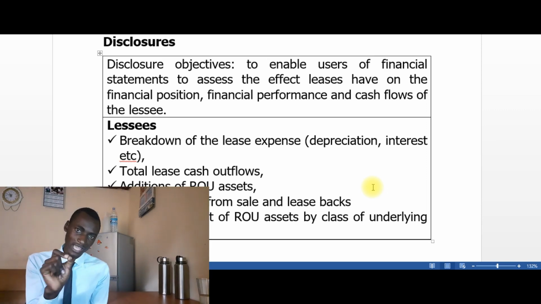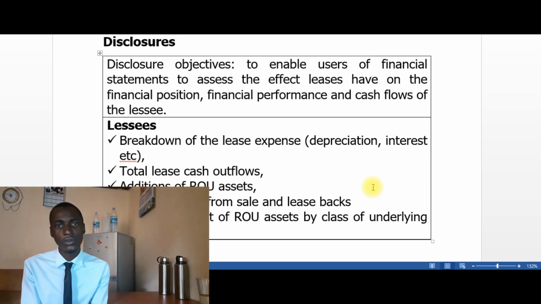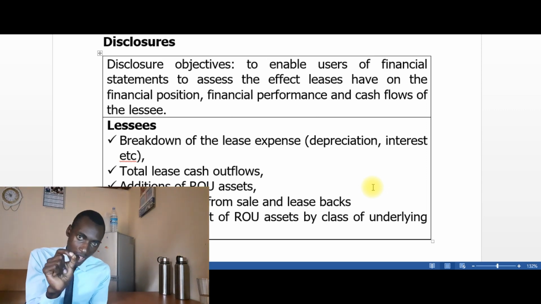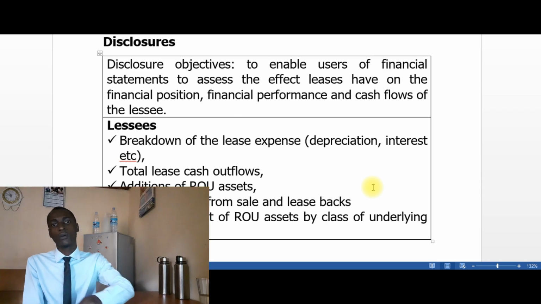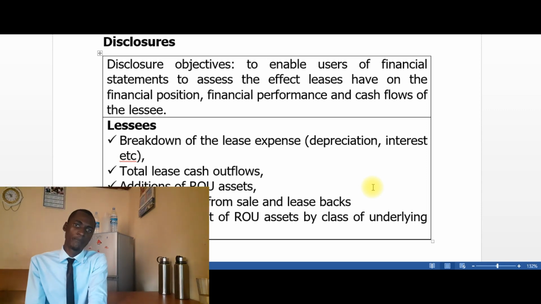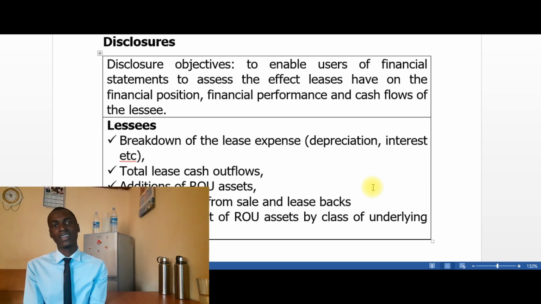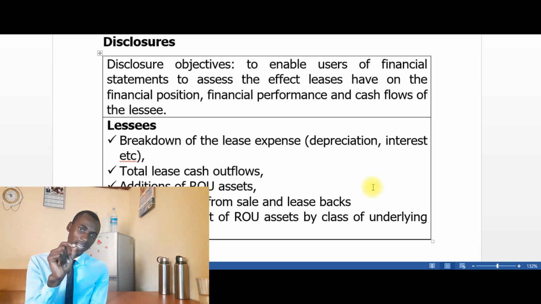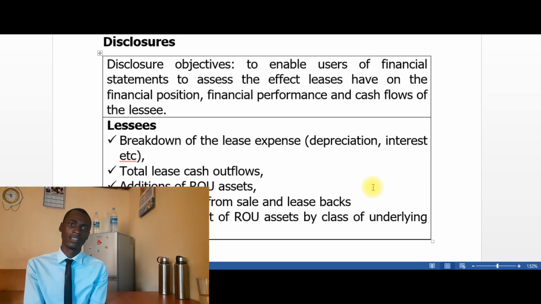So your financing activities in the statement of cash flows should capture the cash payments for the principal portion of the lease liability. Now the interest expense portion is presented either within operating activities or financing activities, but I think for practical purposes it should be presented under operating activities.